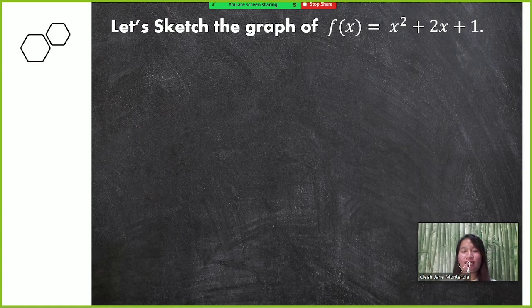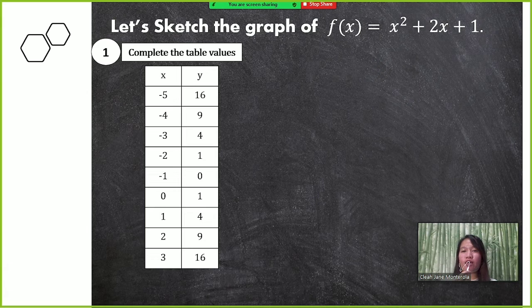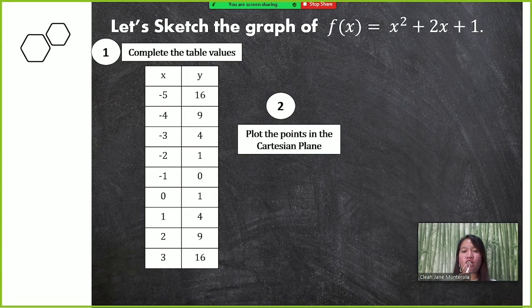Now let's sketch the graph of f of x equals x squared plus 2x plus 1. First, complete the table. This function was given in the previous slide. So complete the table, and we have x and y values. Next, plot the points on the Cartesian plane.